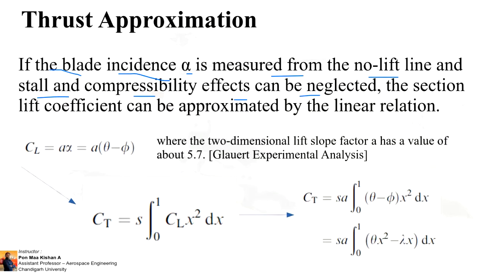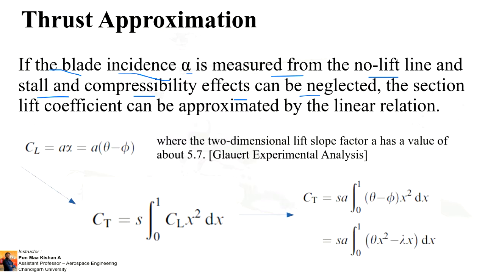So if we want to compare the CL versus alpha curve, only we want to compare the CL versus alpha curve, in that case, how the variation of CL is for a helicopter, not for a fixed wing. CL versus alpha, how will it be?